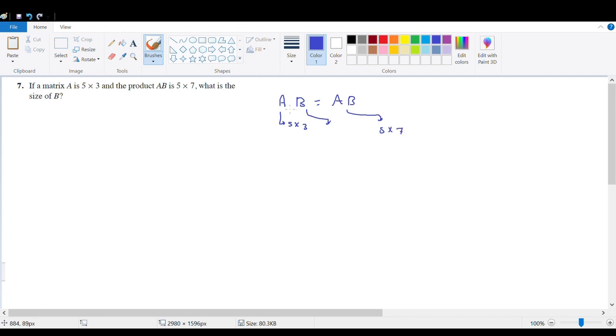If we multiply A by B, the number of rows of B should be equal to the number of columns of A, so this one should be 3. Then the result of multiplying, since the inner dimensions are the same, we take just the outer ones, so this one is 5, and the second one is 7. So B should be a 3 by 7 matrix.